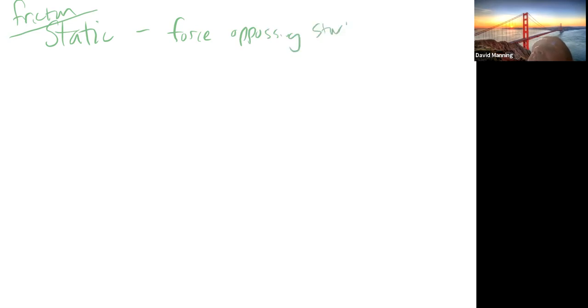There are two types of friction, and you probably learned this in your video coming into class, but we'll go over it briefly. We have static friction, the force opposing the start of motion.